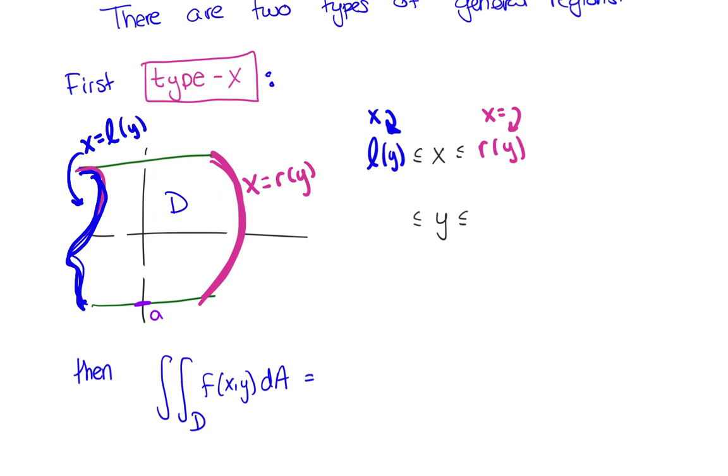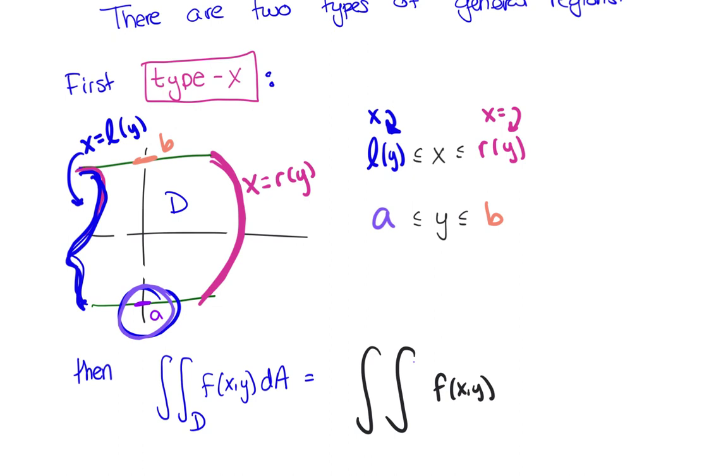And then the y's are just going to be going between constants, which we can call a and b again. So I've got a on the bottom and b on the top. So y goes from a to b. Again, if I'm going to set up that integral, I have f of x, y. I'm doing a type x, so that means I'm going to do x first.